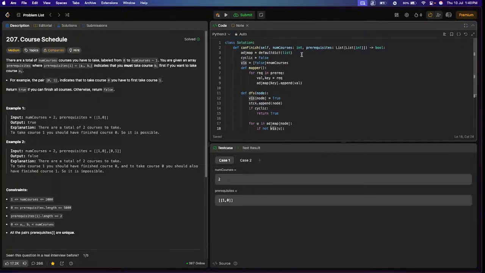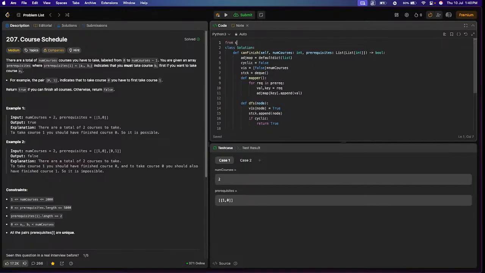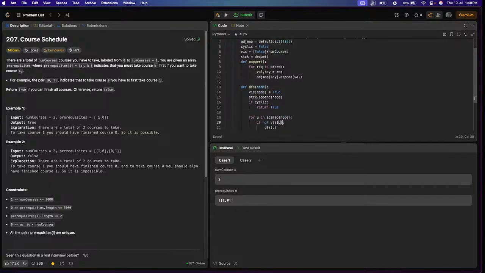Yeah, so that should be good enough. Okay, so stack is equal to deque. Also, just to be safer, from collections import deque, and return this thing, that thing.